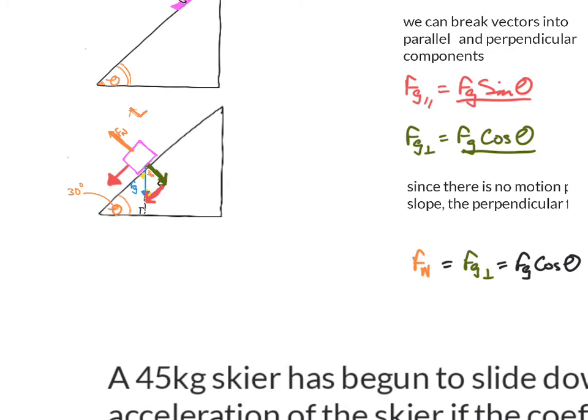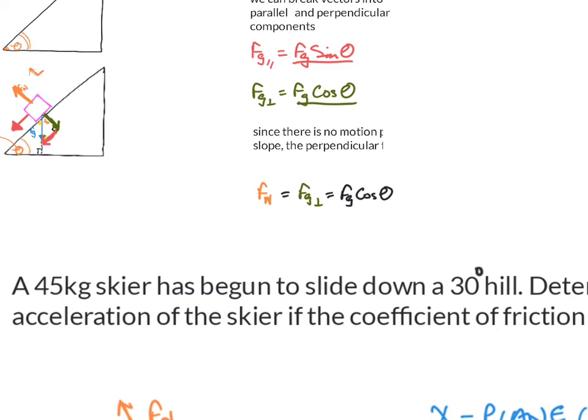Very often, because we know that there's no acceleration up or down the slope, and what I mean by that is there's no acceleration perpendicular to the slope, this object isn't accelerating up and down on this plane. It may be accelerating parallel to the slope, but not perpendicular. That means that this force and this force are equal. So that's another important thing that we should say about inclined planes.